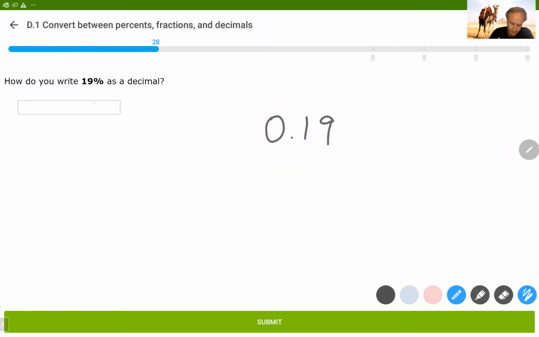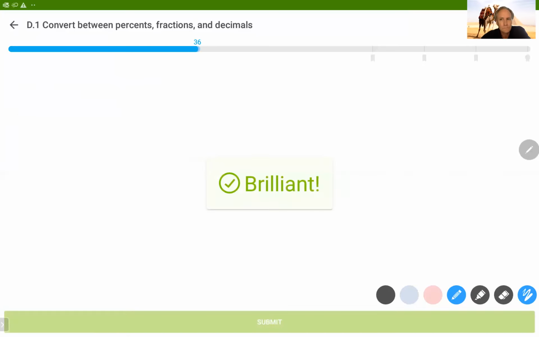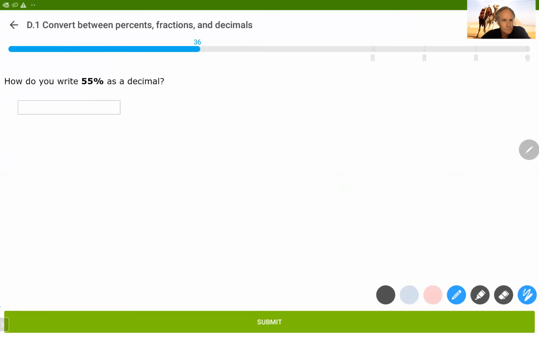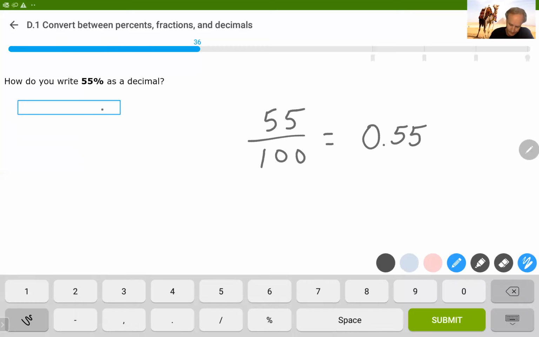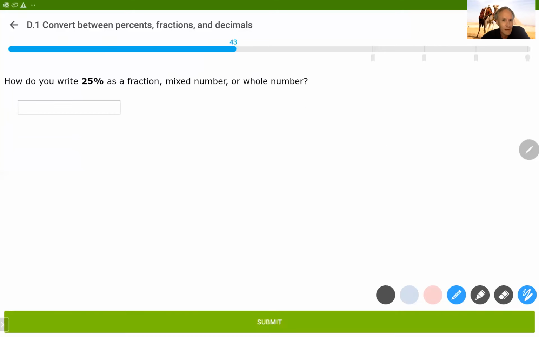There it is. 55%, as a decimal. It's 55 hundredths. Kind of obvious. Apparently we didn't need the 0 with our decimal there.